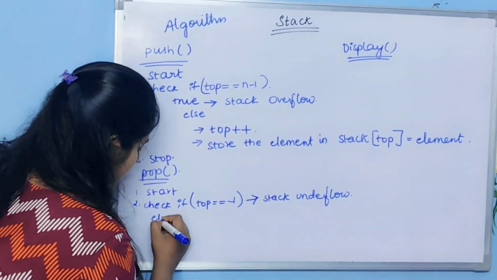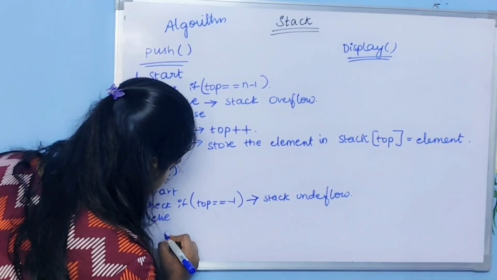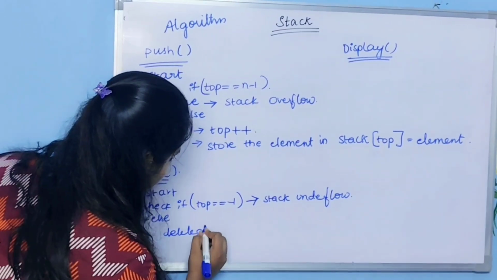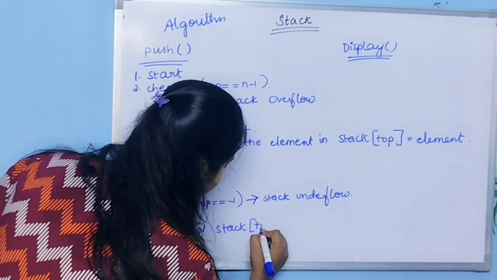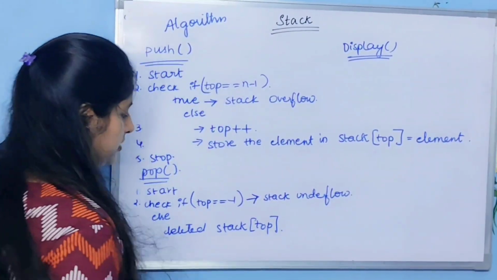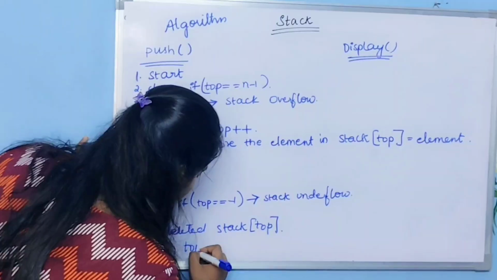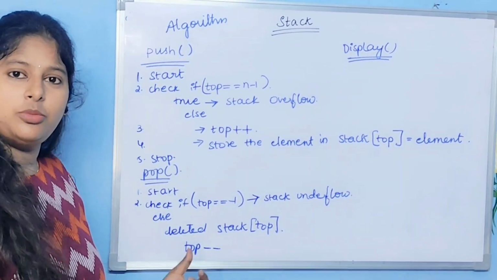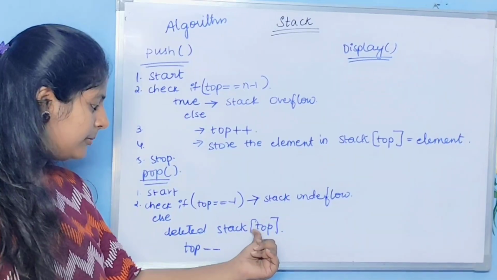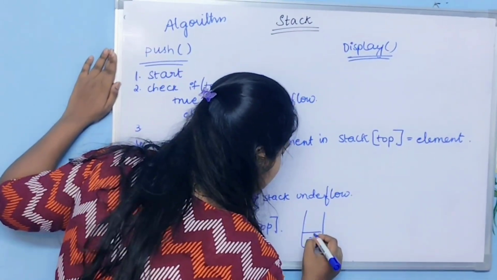Okay. So in case this condition is not true, what can you do? You have to delete the present element, stack of top. Okay. Now this element should be deleted and then the top value should be decremented. If I try to decrement the top value before that, the stack will show me, say for example, my stack is like this.